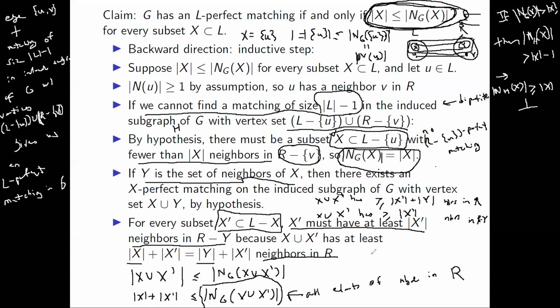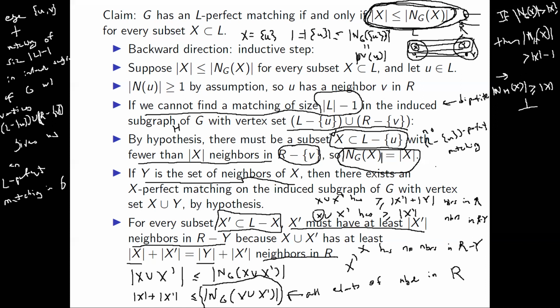And then we can note that x has no neighbors in R minus y, because we defined y to be all the neighbors of x. So x has no neighbors in R minus y. All of its neighbors are in y, and R minus y is the complement of y in R. So this means that this x right here was just extraneous.